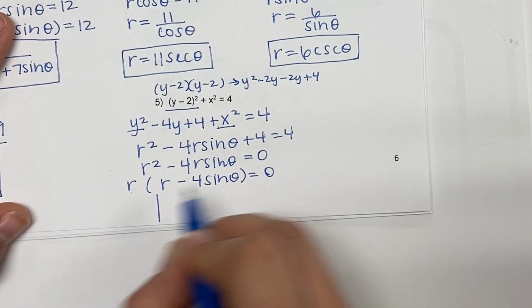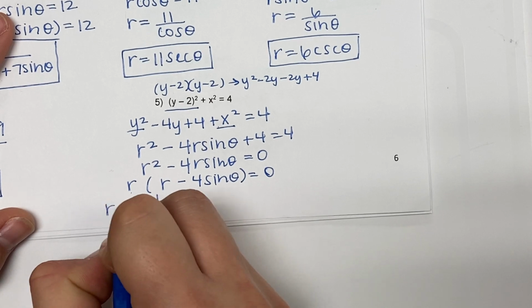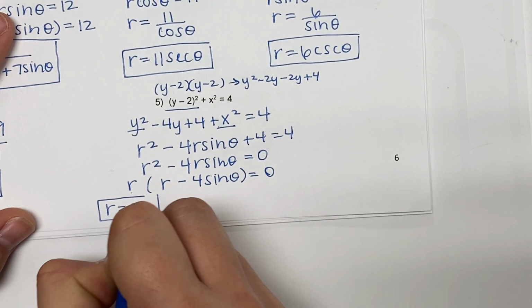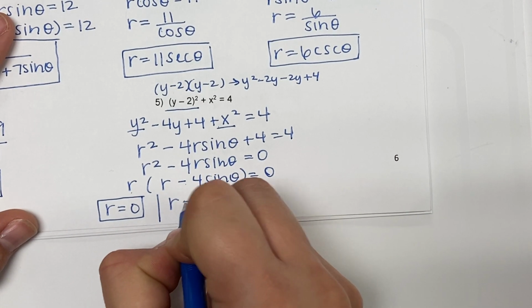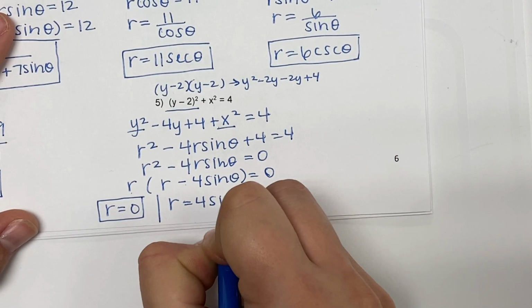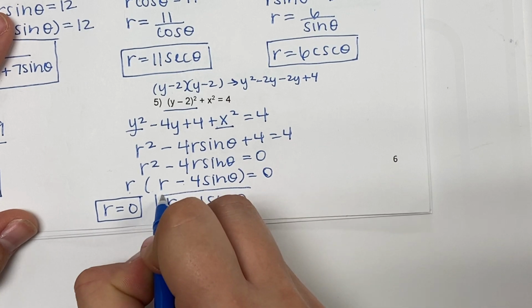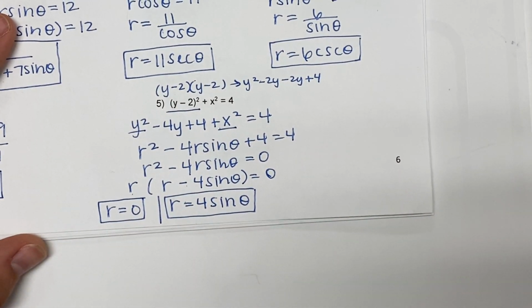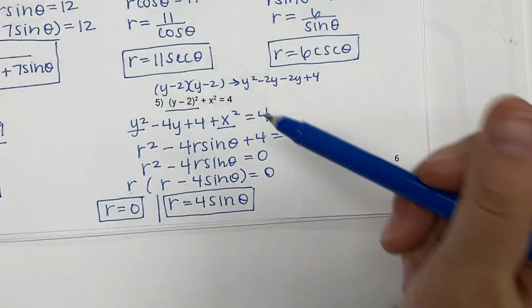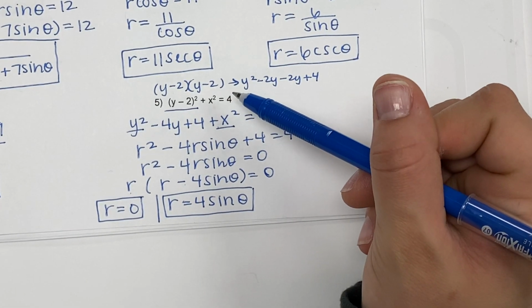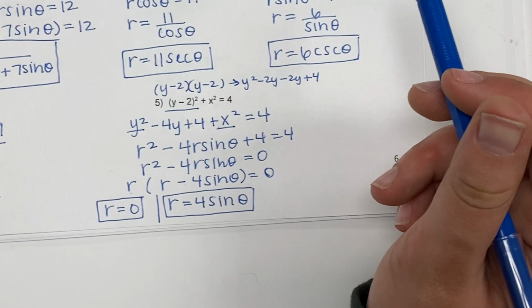So I'm going to have two different equations. One where r is 0. And this one, I have to add it to the other side. And there's my other one. That one's a tricky one, but it's okay. Any ones that look like this pretty much look like this, so you should be okay.